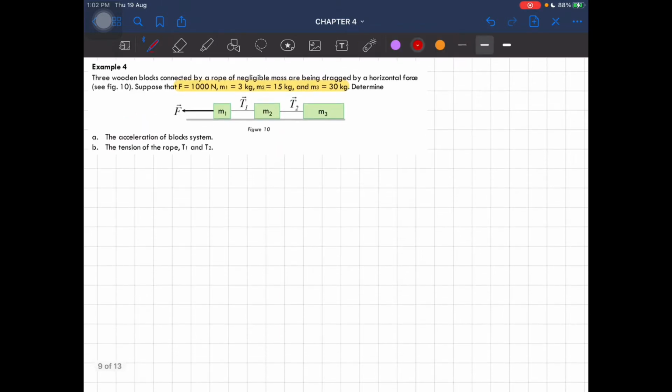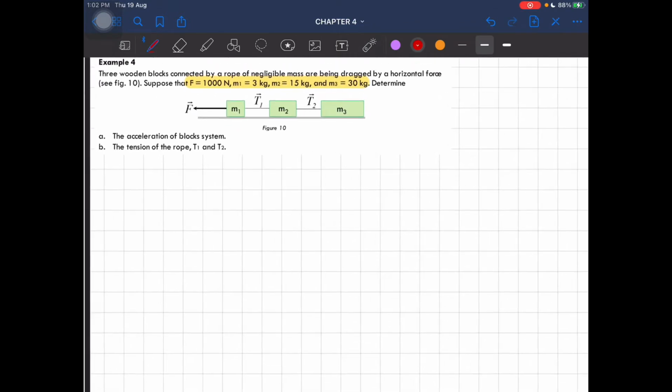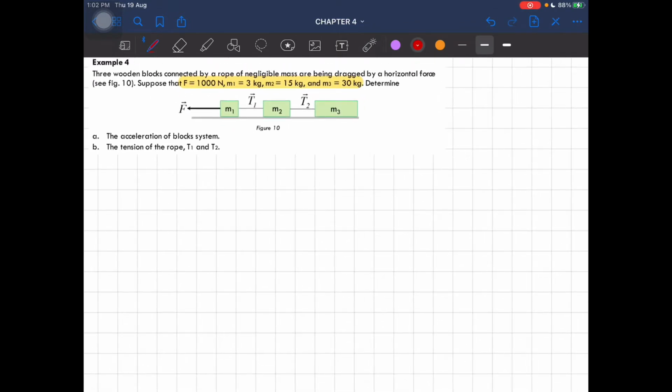Okay, so now let's firstly draw the free body diagram for each of these blocks. So this is M1, M2 and M3. Now we have to draw the arrows of forces. M1 we know would have the weight, and then it will have the force there as well as the normal force, and then we have the T1 experienced by the M1.